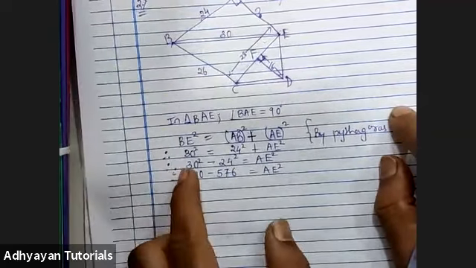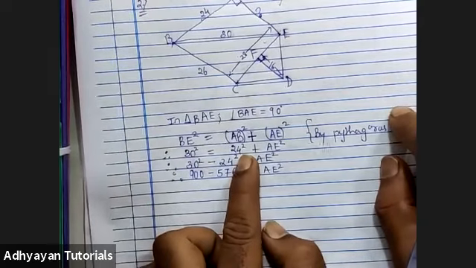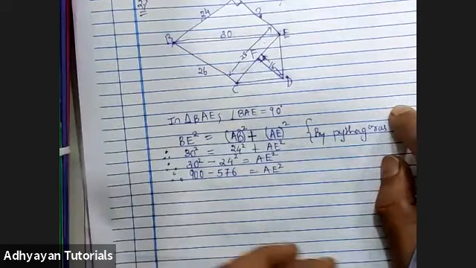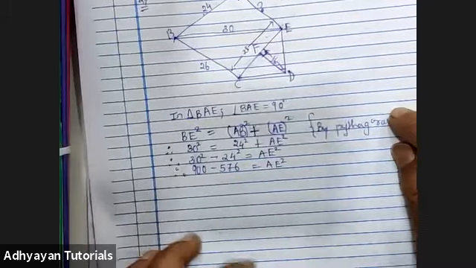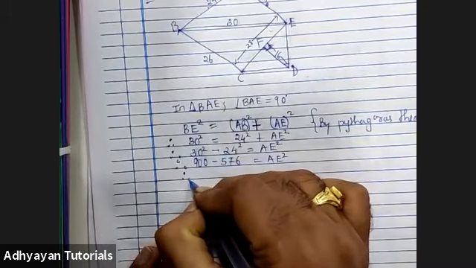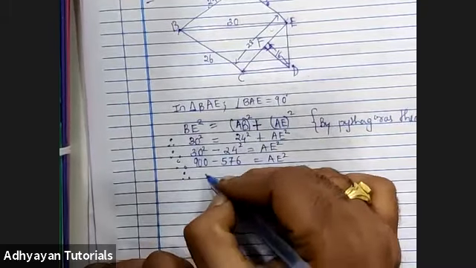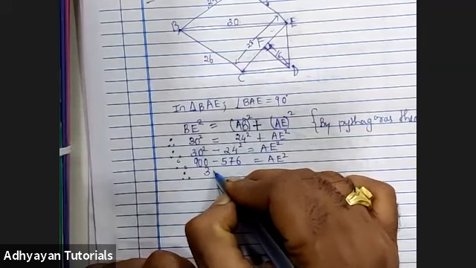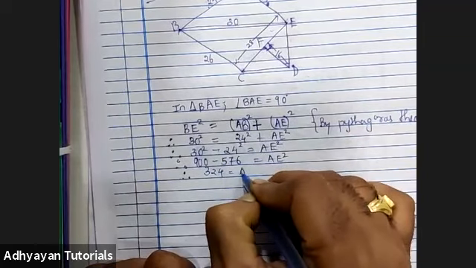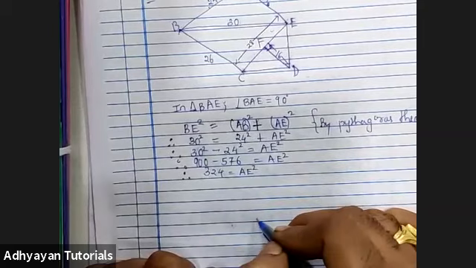I was trying to go ahead with a square minus b square, which is a minus b into a plus b. Anyways, you can do it. You'll get the same answer. So that's 324 is equals to AE square.